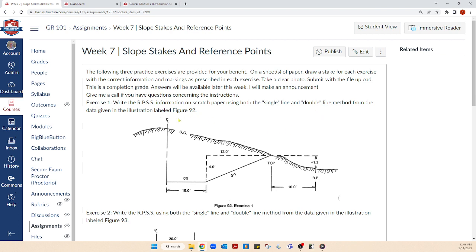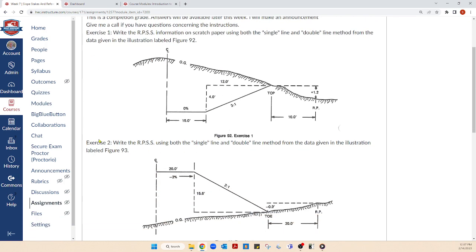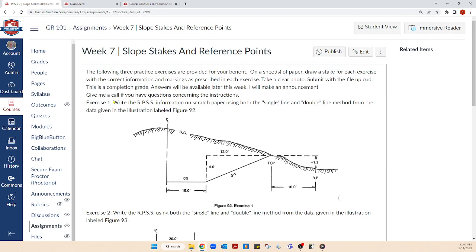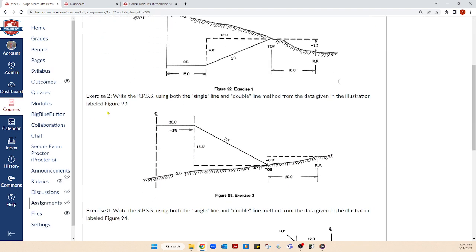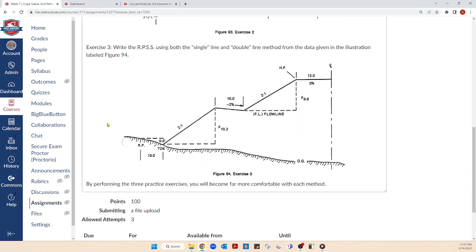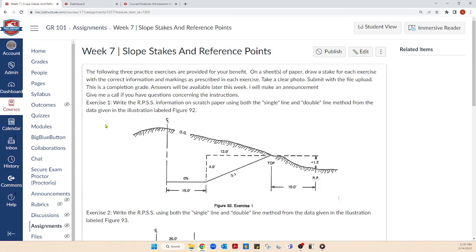So this is a real assignment that you're going to have. The following 3 practice exercises: exercise 1, exercise 2, exercise 3. This is your test. They're calling it practice, but I'm not, and they are provided for your benefit.